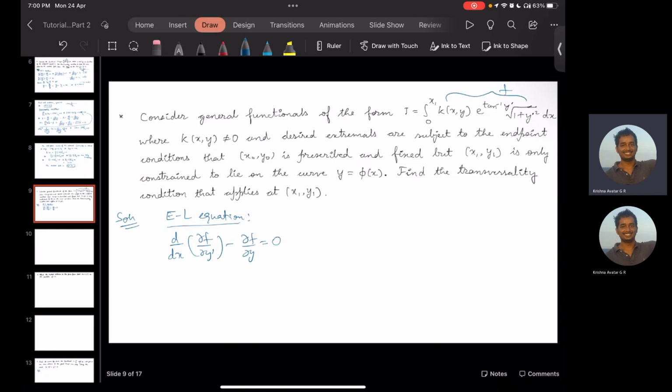Now d by dx of partial f by partial y prime is somewhat complicated, so let's do it individually. So partial f by partial y prime is equal to, and we need to use the chain rule.